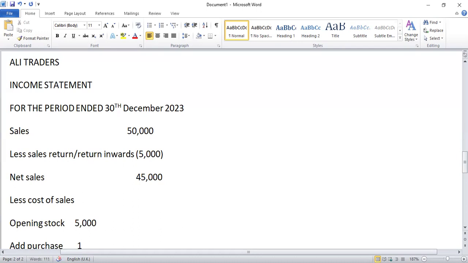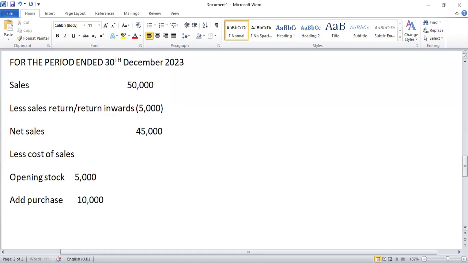Let's say our purchase is 10,000. From this purchase, we are going to less purchase return, or they call it return outward.